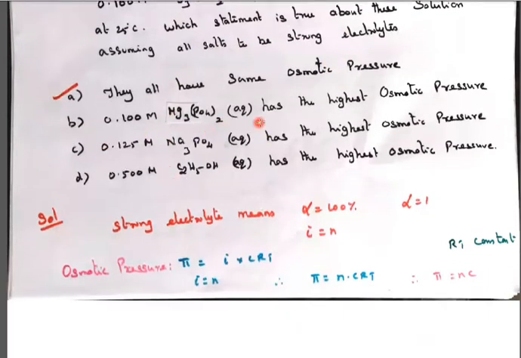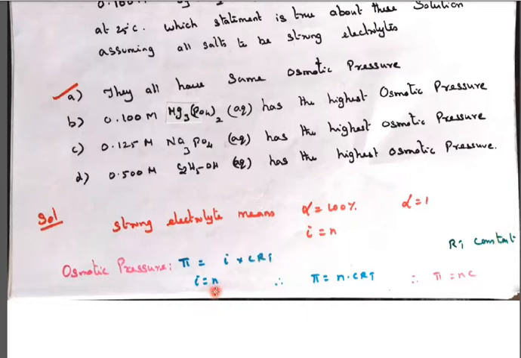The options I have given are different osmotic pressures. Strong electrolyte means α is 100%, that means α = 1, that means i = n. The osmotic pressure formula is π = iCRT, so quanta factor into concentration into RT, with gas constant R and absolute temperature T. RT is kept as a constant.